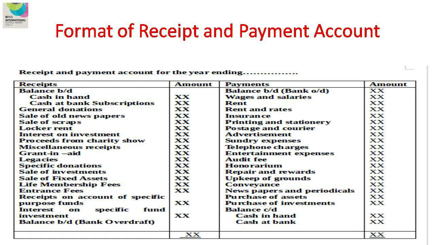And then move to the payment side. The first item, balance brought on, that is bank overdraft.